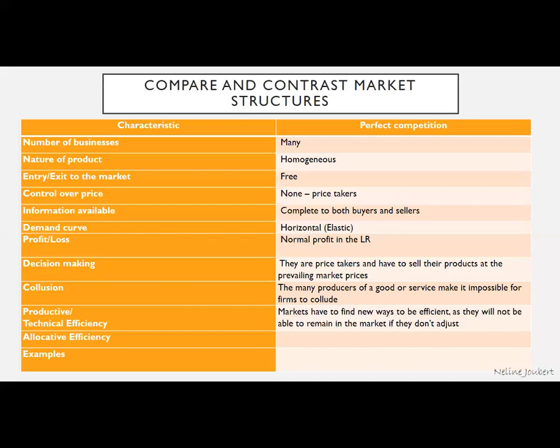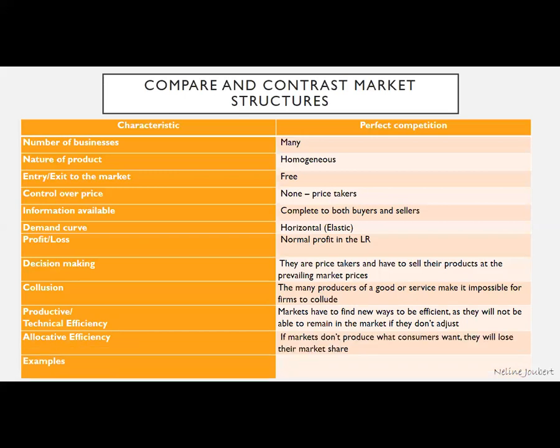When it comes to your productive and technical efficiency, your markets have to continuously find ways to be efficient, like I showed you in that first slide. If the producer does not use his resources effectively and efficiently, he is not going to be able to produce the goods at a price that will cover his costs.